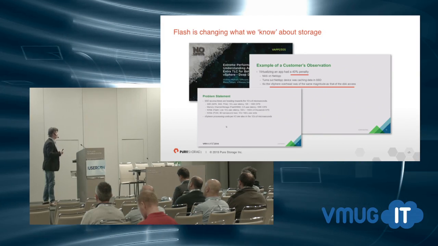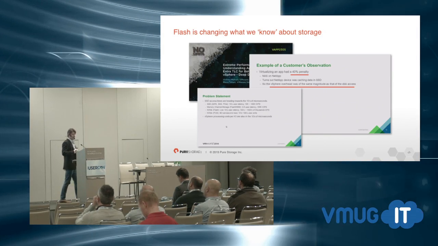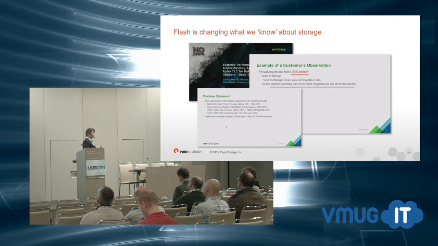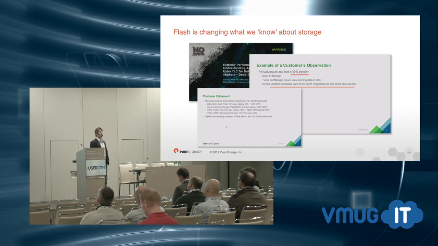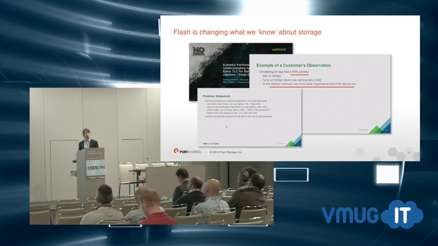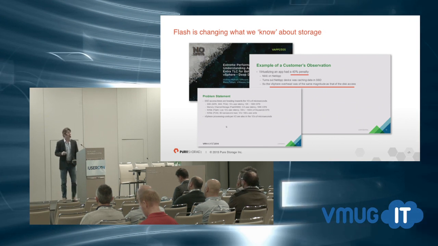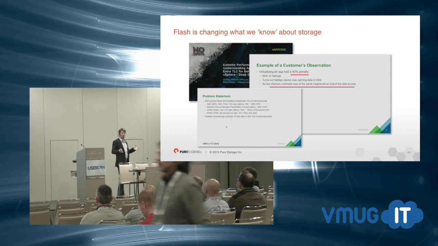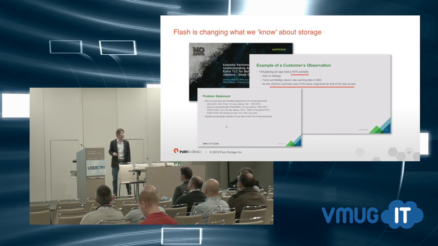I've tried to highlight here two items. One is that virtualizing an app actually has, and this is per VMware, roughly a 40% performance overhead. Now, normally that number is kind of shocking to most of us because we believe it's like 1-2%. Why? How can it be 40?